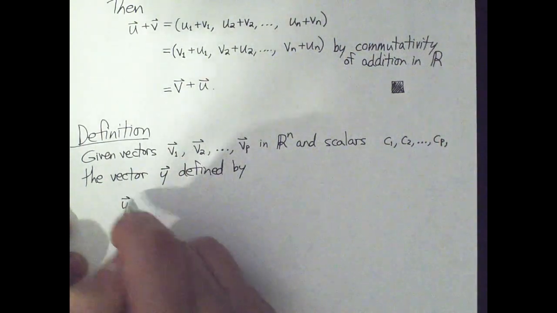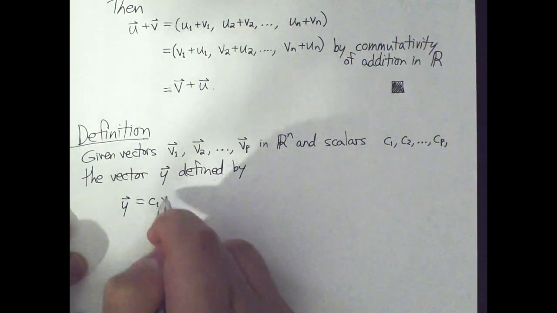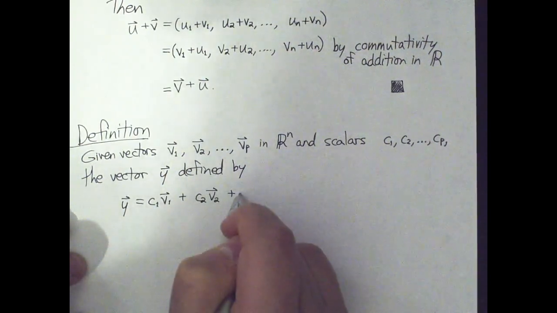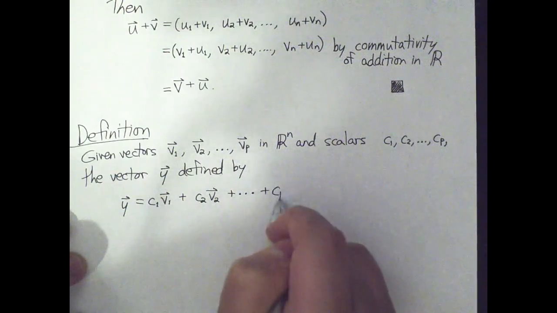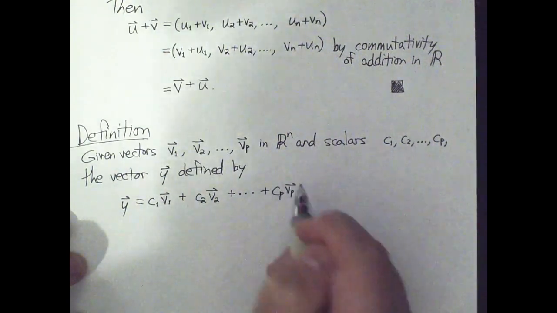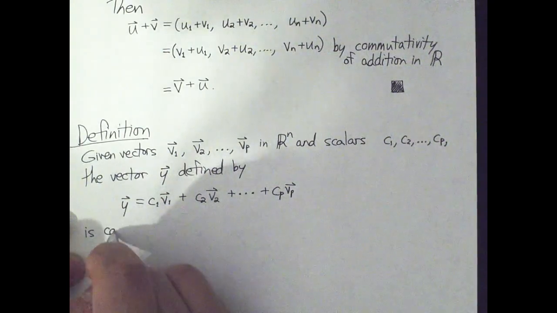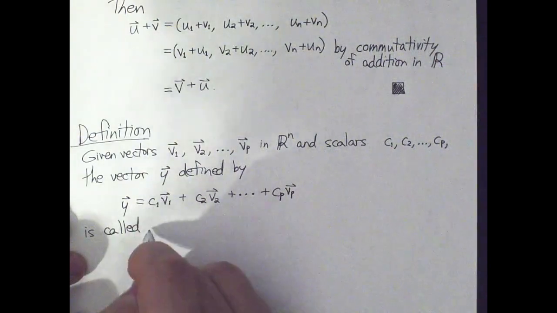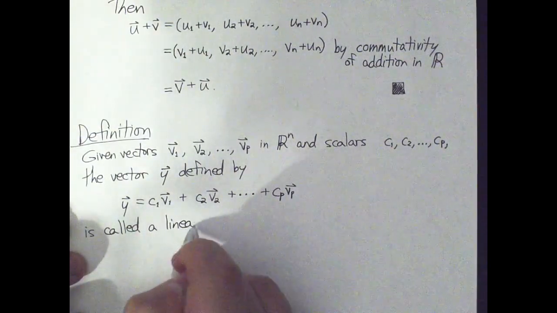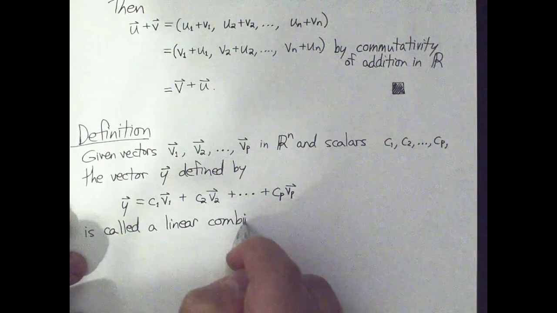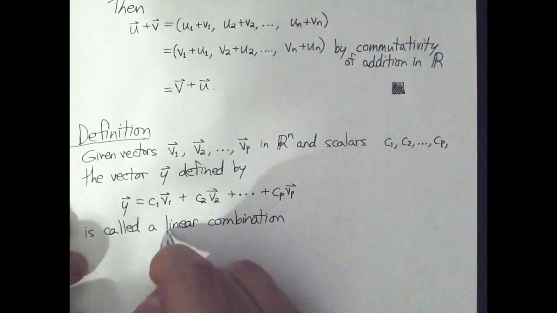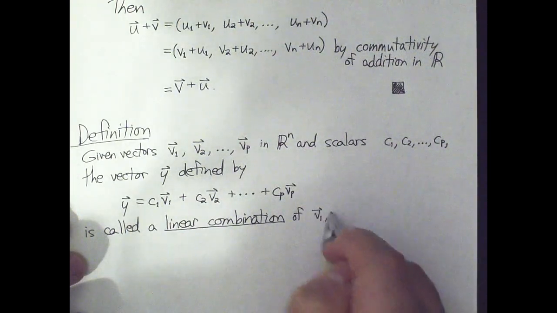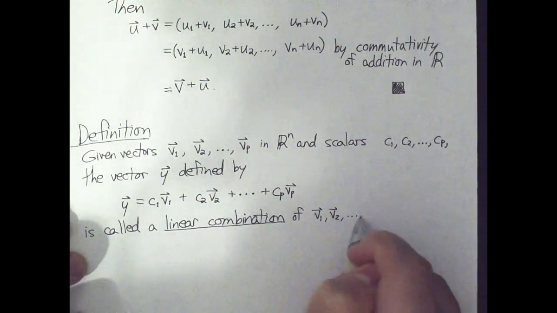y equals c1 v1 plus c2 v2 plus dot dot dot all the way up to cp vp is called a linear combination. Let's underline that: a linear combination of v1, v2, up to vp.